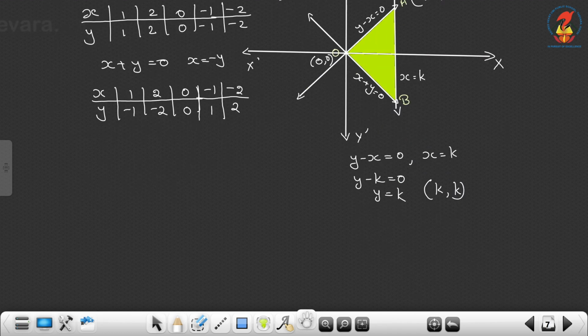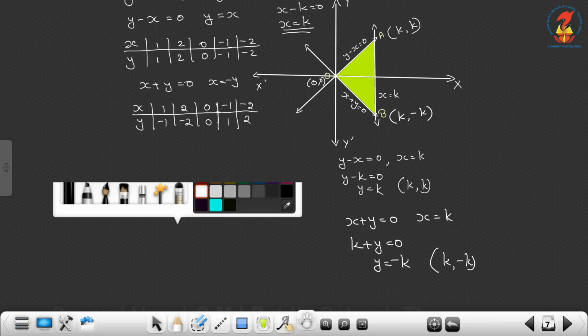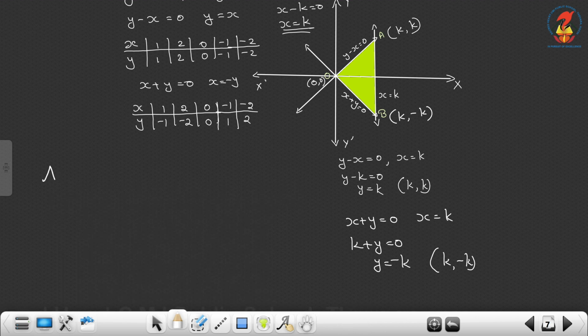Now, how do we get B? B is the intersection of which lines? B is the intersection of x plus y is equal to 0 and x is equal to k. So, put x is equal to k here, k plus y is equal to 0 or y is equal to minus k. So, our point is (k, -k), that is B. Now, we can find the area using which formula?